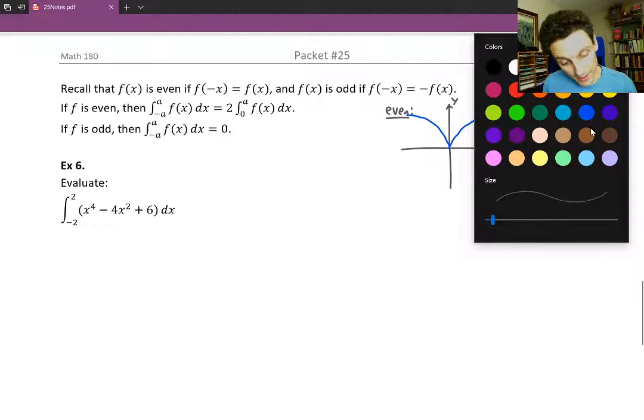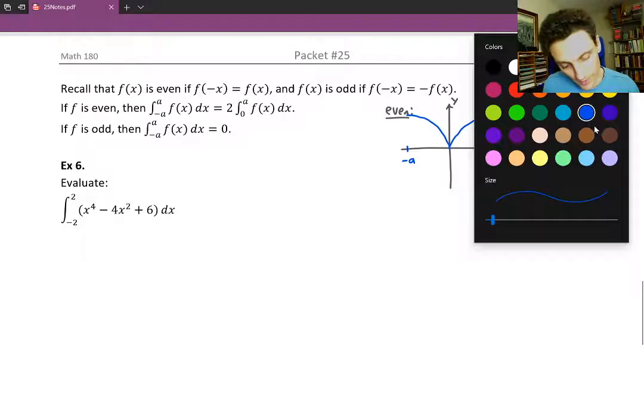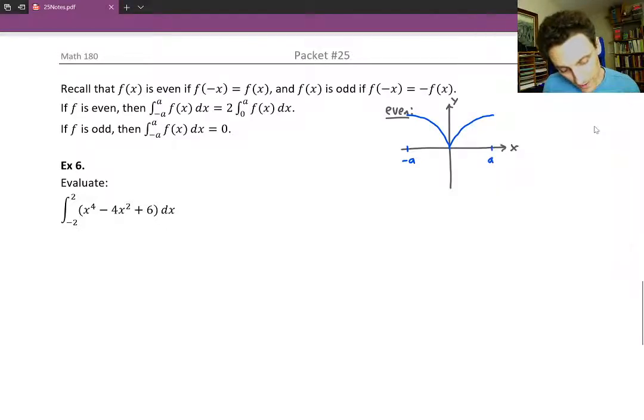Now let's say we're looking at the area under that curve from negative a to a. Well, if the curves are just mirror images of each other across the y-axis, then whatever area you have under the curve from 0 to a is going to be the same as the area under the curve from negative a to 0.